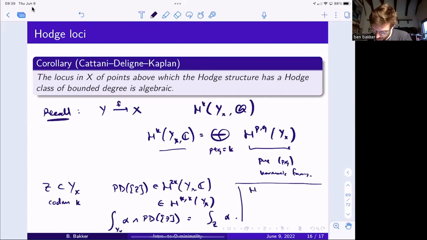So the Hodge conjecture basically says that any element of H^{2k}(Y, Q) intersect H^{k,k}(Y) arises in this way.